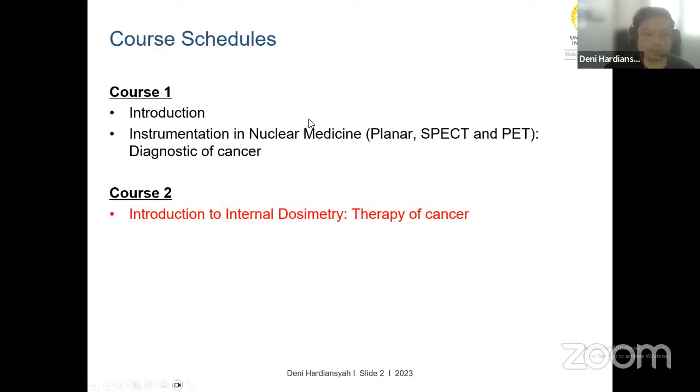Last week, we discussed the introduction, the meaning and the history of nuclear medicine, and also the instrumentation, for example planar, SPECT, and PET. All of these are meant for the diagnosis of cancer. Today, we will discuss the introduction to internal dosimetry, which is related to the therapy of cancer.